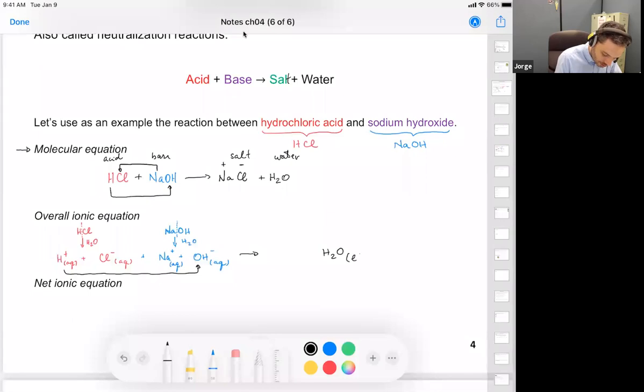Now we need to represent the physical state, which is a liquid. And sodium, because it's positive, will attract Cl minus because it is negative. And we know from the molecular equation that this will form sodium chloride.